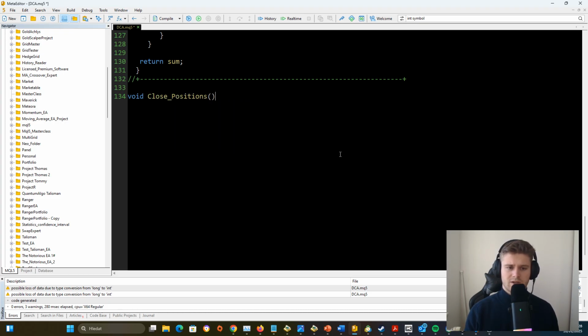Very simple. So this function will have two steps. The first step is that we will need to calculate the profit of our cycle. So if we open 4 buy positions, we have to calculate the overall profit of all those 4 buy positions combined.